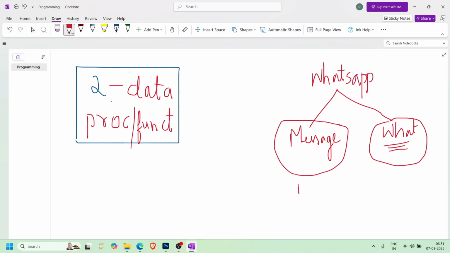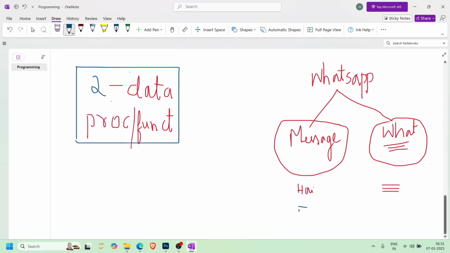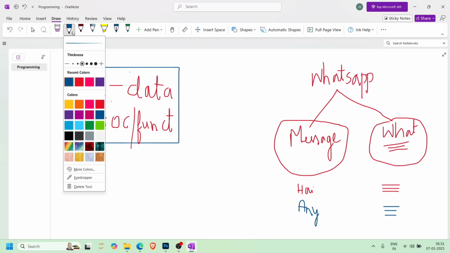Suppose I type some message, and this part will convert our message into some encrypted language and so on. So observe here, whatever message I type, for any message the procedure will be the same. There are two programming approaches.